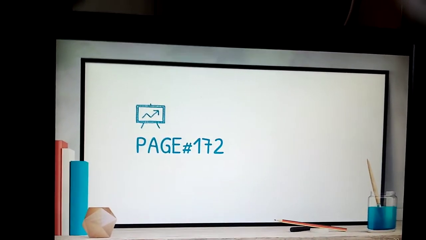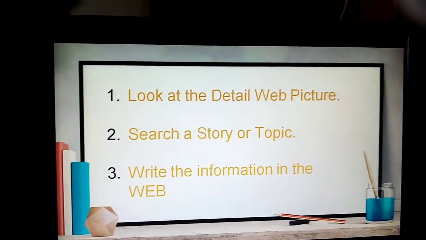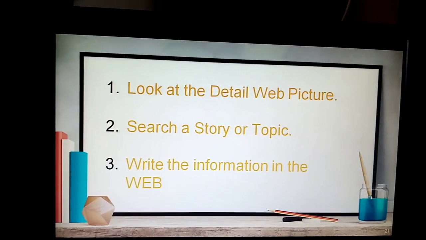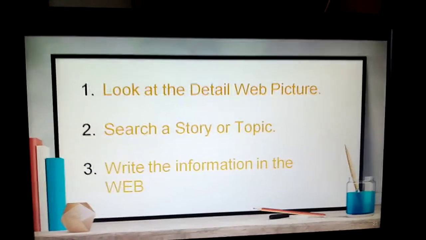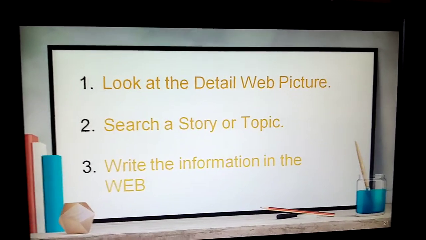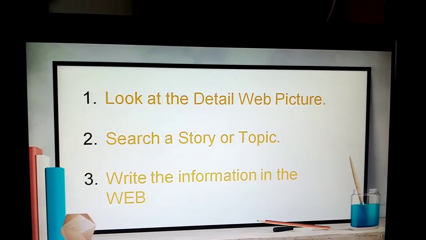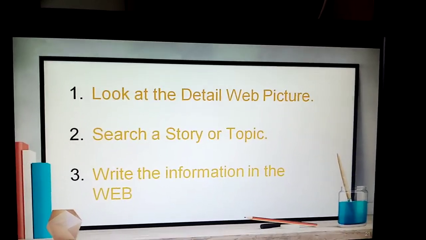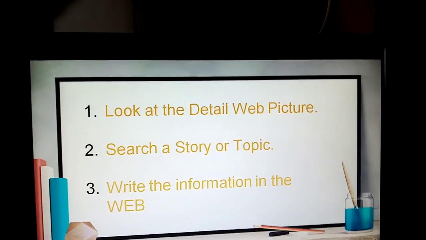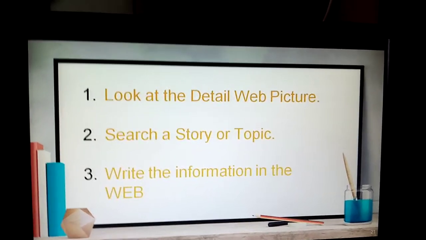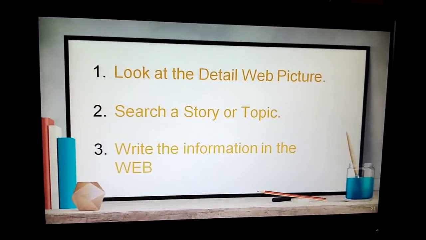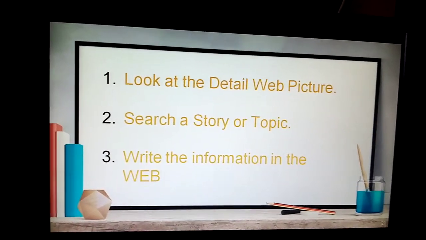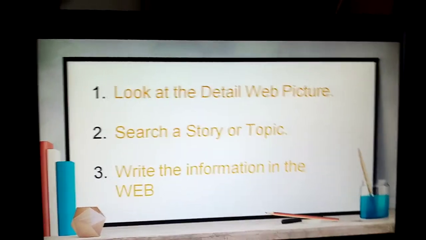Page 172. What are you going to do on page 172? You're going to look at the detailed web picture. On page 172, there is a detailed web picture. You're going to use this detailed picture to write information of a main idea and the details.